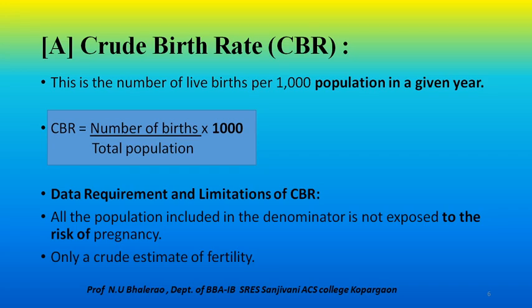So this is the standard rule offered by the nation, that many times the population at risk of pregnancy is not separately included in the population factor. It is only a crude estimate of fertility. So those calculations are to be done with this formula, recorded by the government or the department, for the number of births and death rates which are to be calculated.